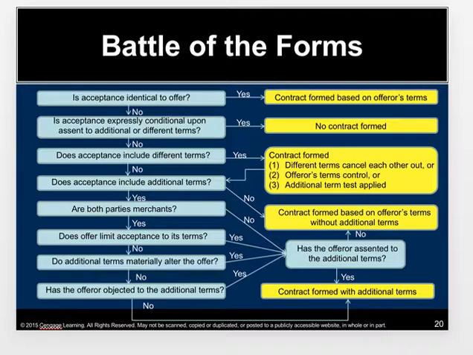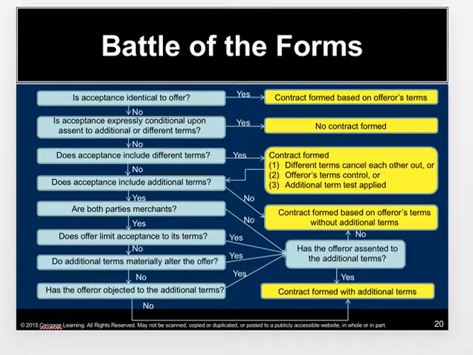This concept is actually very, very interesting. It's called Battle of the Forms, and it deals with the different forms of the contract. And I'm not going to go through each of these steps, but if you start off here on the left-hand side, it tells you, you start off with the acceptance. Is the acceptance identical to the offer?